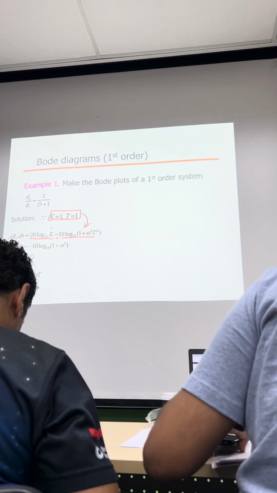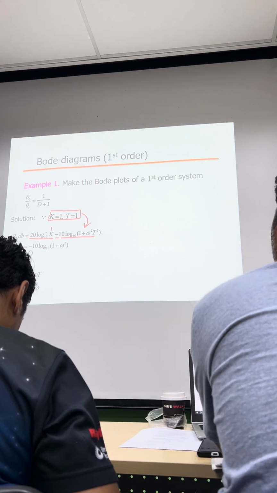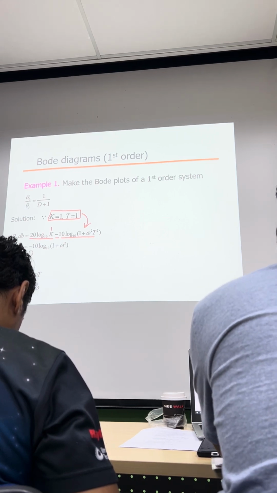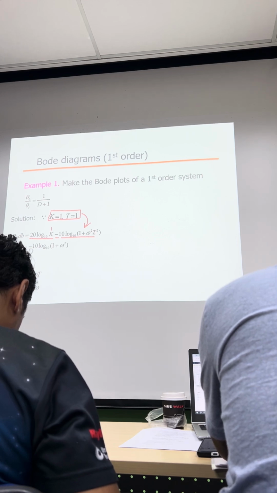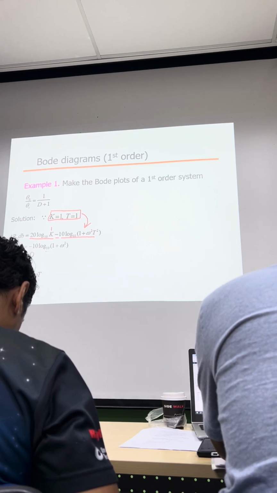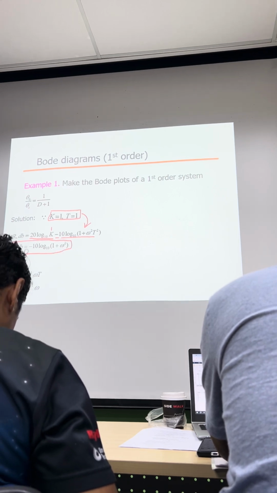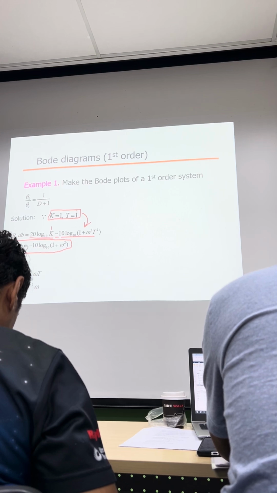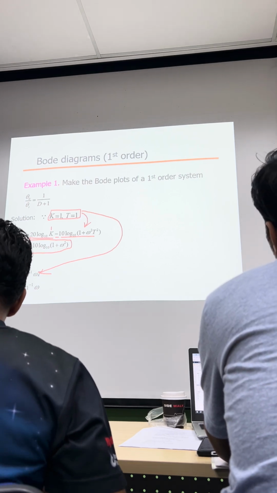Basically, log of 1 is 0, so this entire thing is going to be 0. 20 times 0 is 0. Okay, and here 1 plus omega square is the remaining portion. That is your amplitude ratio formula. Then the phase angle, again same thing, you are substituting the time constant number, and it is tan inverse of omega.